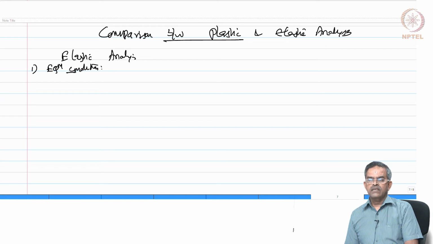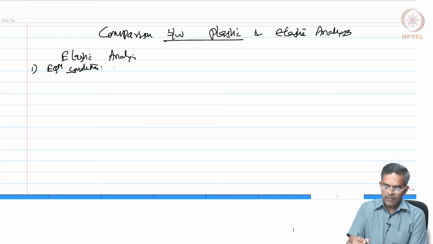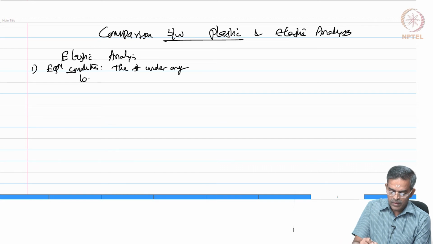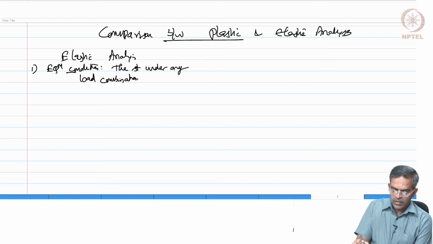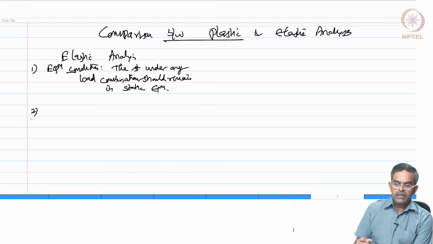It states that the structure under any load combination should remain in static equilibrium. The second is compatibility condition.